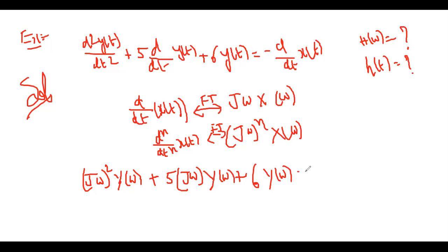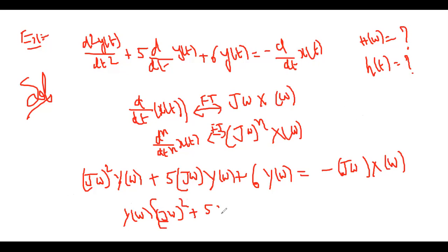That is equal to minus, the d by dt first derivative, j omega into X of omega, as we are applying for the signal x of t. Take the common Y of omega: Y of omega into j omega whole square plus 5j omega plus 6 is equal to minus j omega into X of omega.